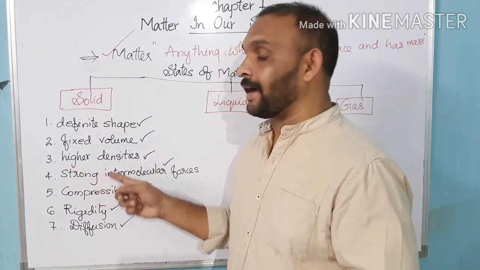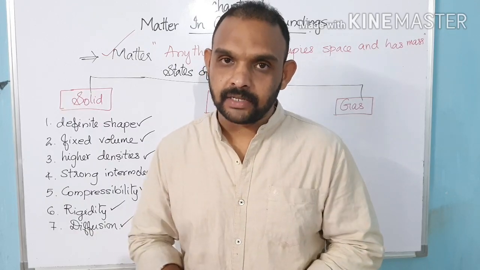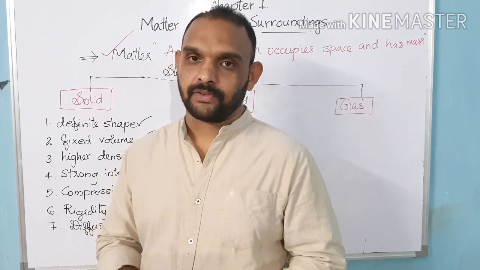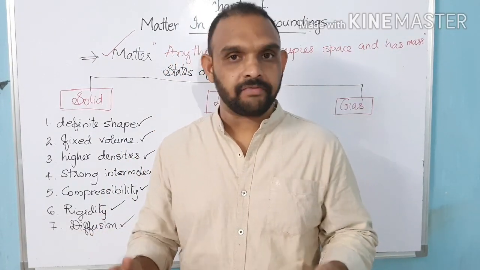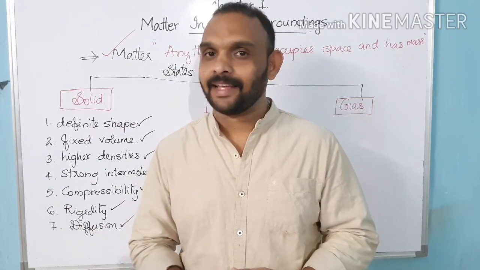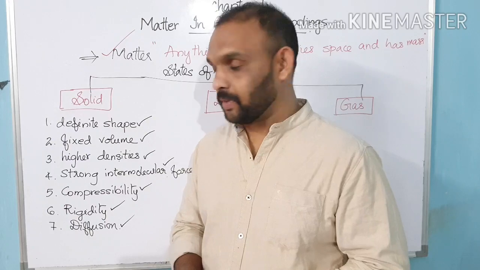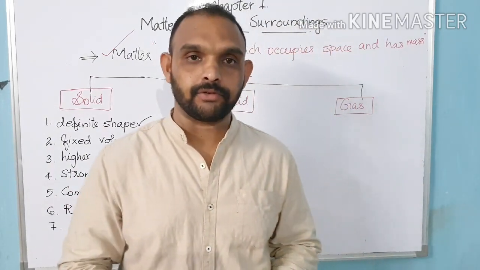Third, they have higher densities. We know what is meant by density. Density means mass upon volume. So if they have a definite shape and a fixed volume, then their densities will be higher. Okay. Now the fourth one is that they have strong intermolecular force.